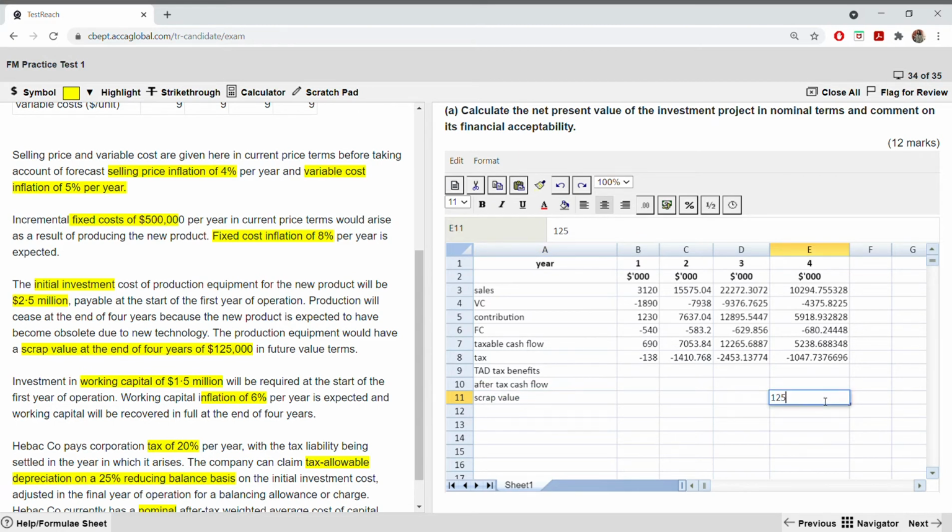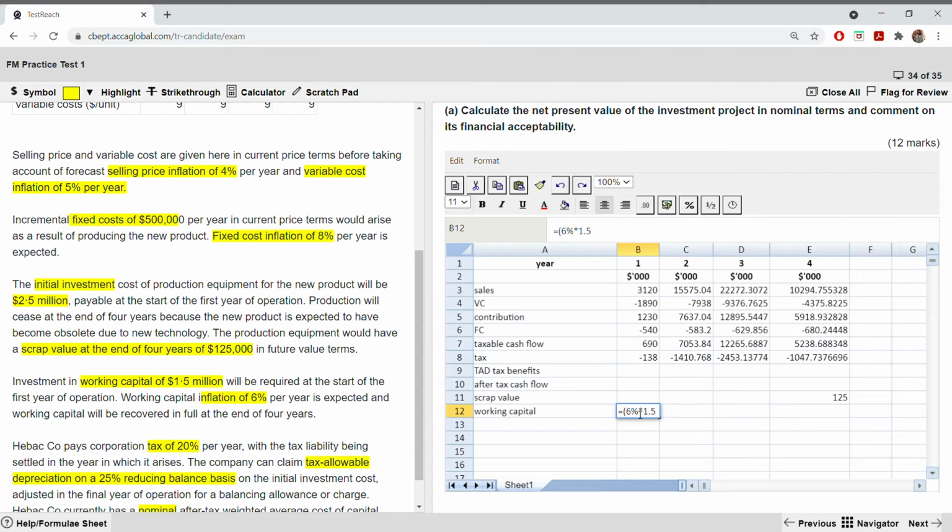Next we have working capital. Working capital is 1.5 million and inflation is 6%. Now when you're taking inflation, it's not 1.06 into 1.5. No, no. You're taking 6% on 1.5, so 6% multiplied by 1.5 million.